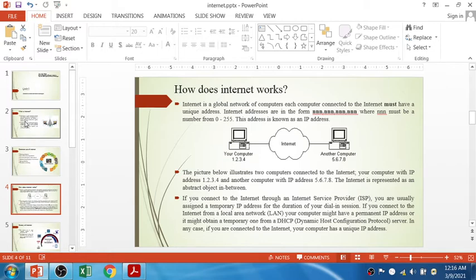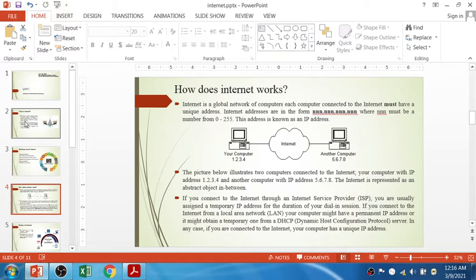If you connect to the internet through an internet service provider, you are usually assigned a temporary IP address for the duration of your dial-in session. If you connect to the internet from a local area network, which is called LAN, your computer might have a permanent IP address, or it might obtain a temporary one from a DHCP, Dynamic Host Configuration Protocol, server.